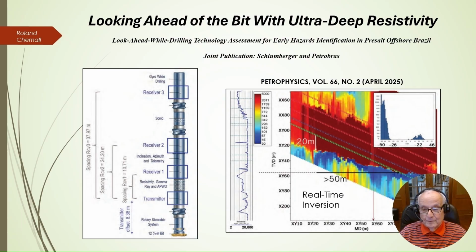That's, let's say, 40 years since the first paper, by the ability to look ahead of the bit and be able to recognize an approaching boundary before you even hit it. And that's pretty challenging and pretty important.